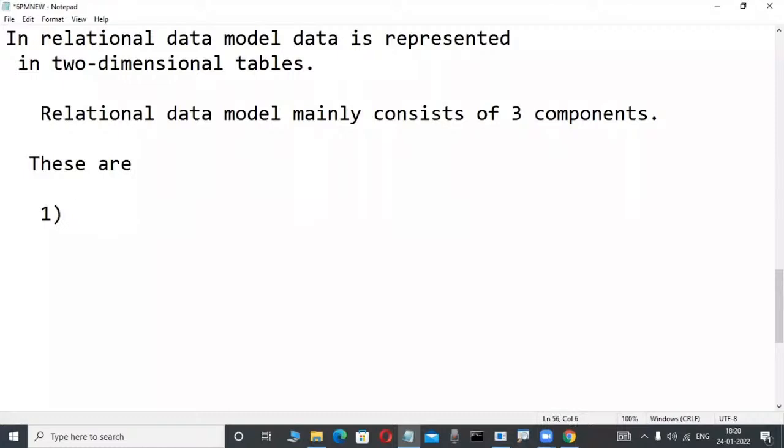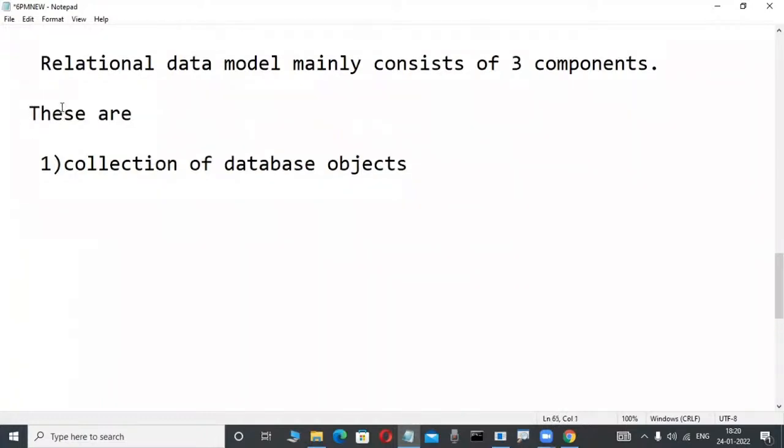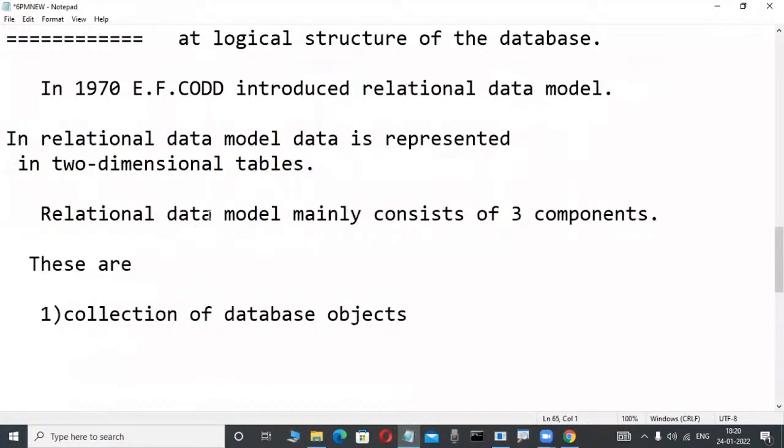The first is a simple collection of database objects. In software like Oracle, SQL Server and DB2, a collection of database objects is available. That we learn daily. The relational data model mainly consists of three components.